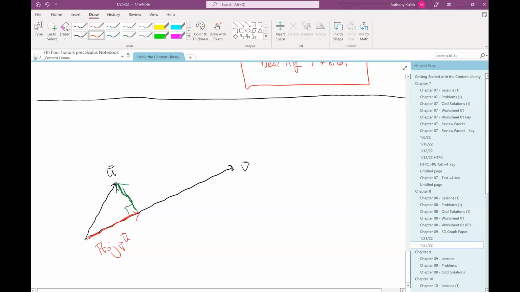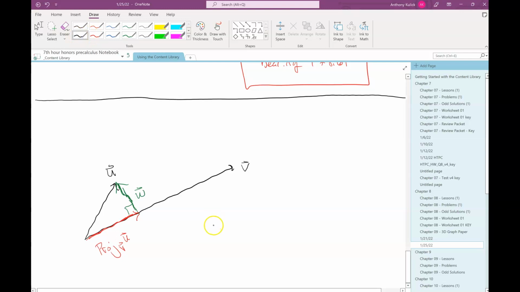What you're projecting onto is the subscript, and what you're projecting with is the inside part of the function. So that's read as the projection of vector u onto vector v. And then I'm going to call this green vector w to give it a name.